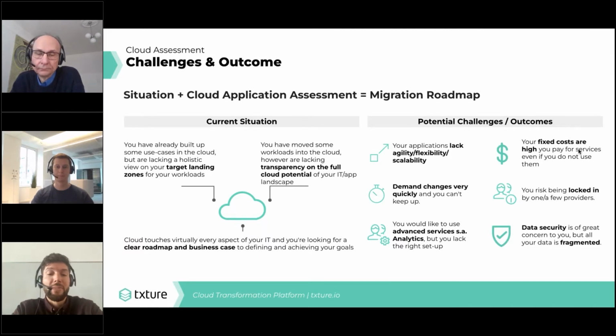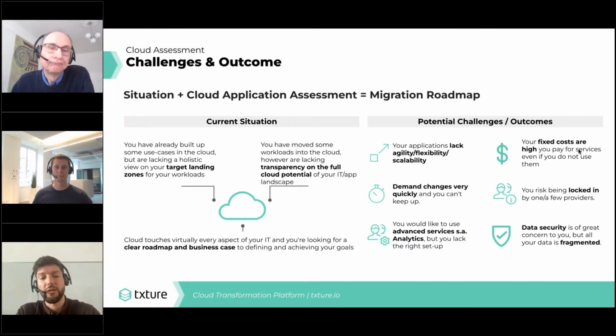So for that, we try to build a platform that gives you the option to assess all your data, all your application landscape with certain assessment rules. I will show you in a quick demo later on how this all works and how we do it, but then to use those assessment rules to show you different scenarios based on the 6 R's that this webinar is all about today.